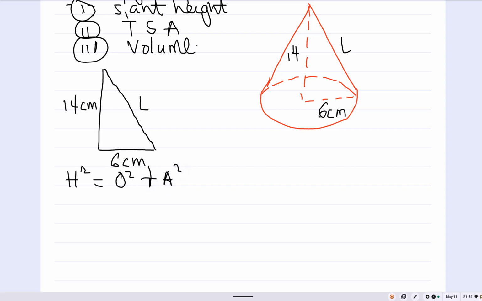Now what's the hypotenuse? L squared equal to opposite. So you can make an angle here. Opposite is 14, 14 squared, plus adjacent, 6 squared.